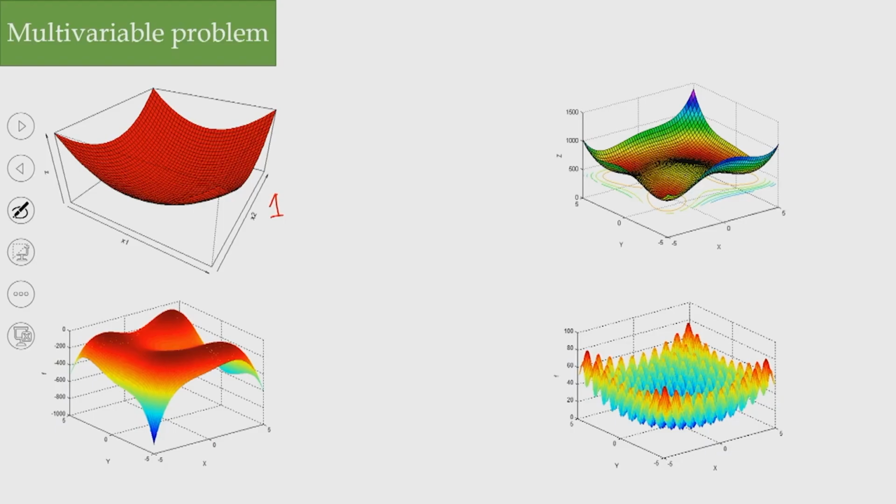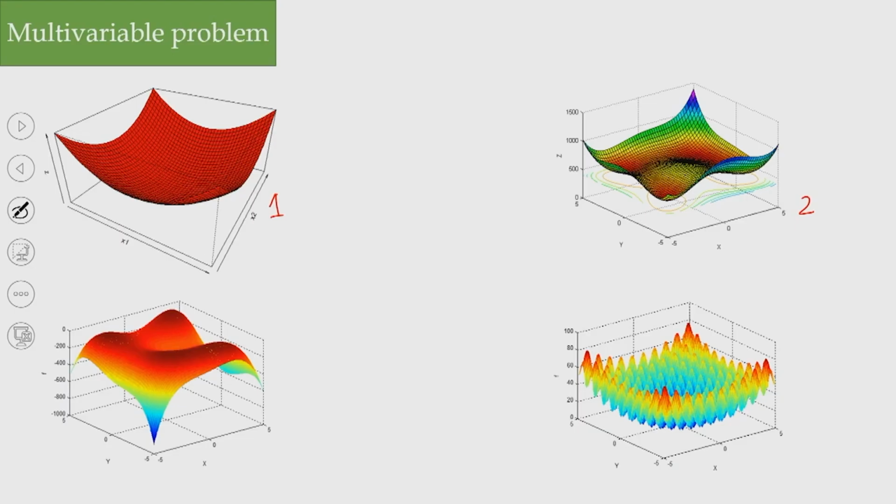Then this is function 2, the second function, and it is a little bit more complicated because we have 4 optimal solutions of this function within this search space.